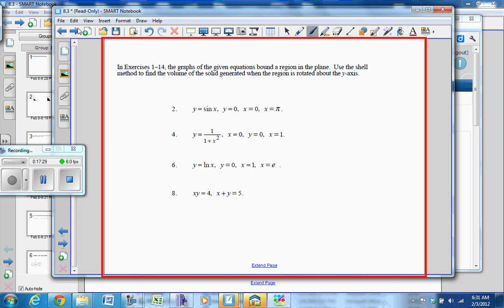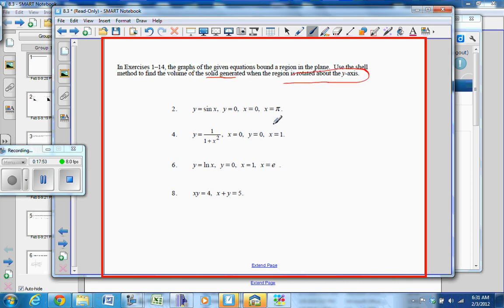So I want to do just maybe 1 or 2 of these problems with you, and then that's it. So it says the graphs of the given equations bound a region in the plane. Use the shell method to find the volume of the solid generated when the region is rotated around the y-axis.